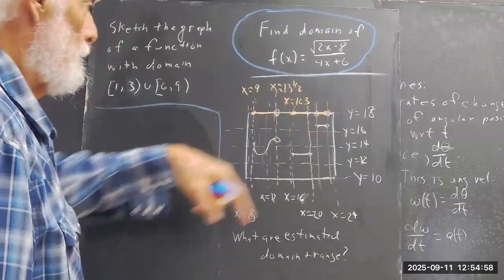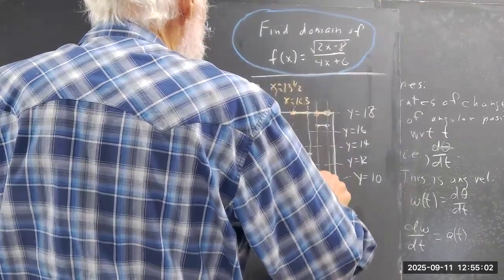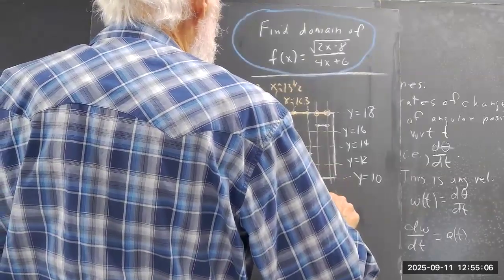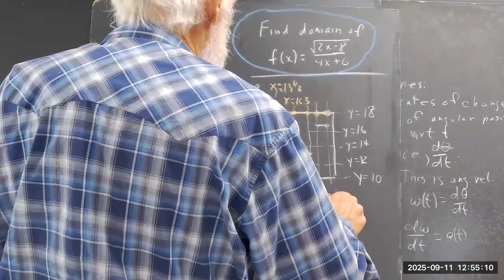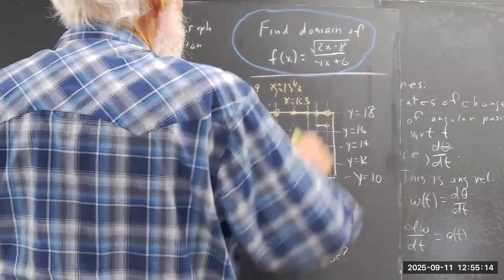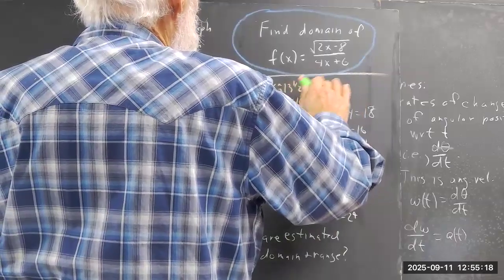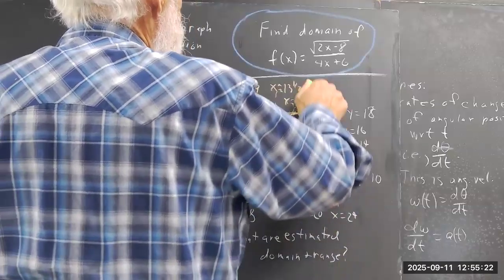And I don't know how I'm going to label this one. I'll label it down here. And this one is pretty clearly x equals 20. And now maybe I can get these. Okay, this one would be 20 to 24. I will say 21.